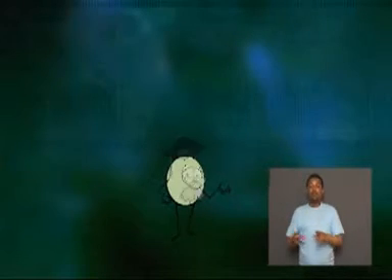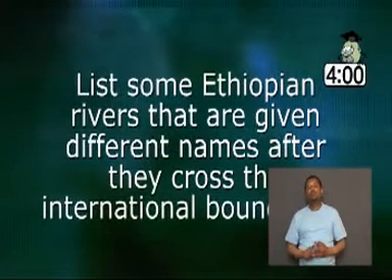Did you know that some of Ethiopia's rivers are given different names after they cross into other countries? Working with a partner, think of as many examples of this as you can. Students, let's get ready. Begin.